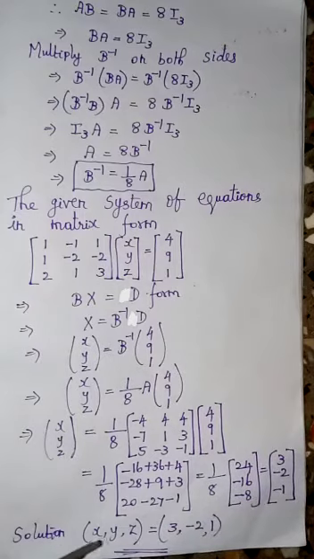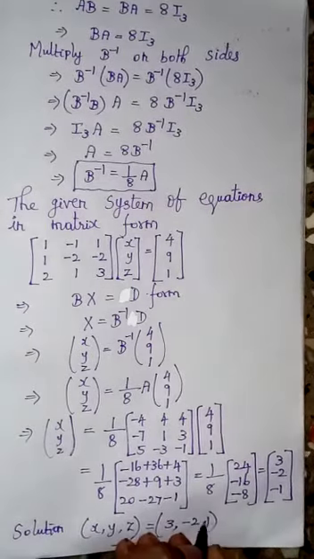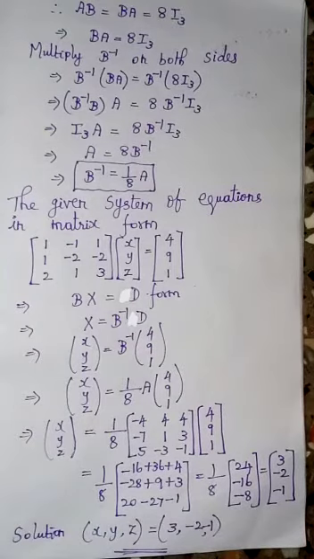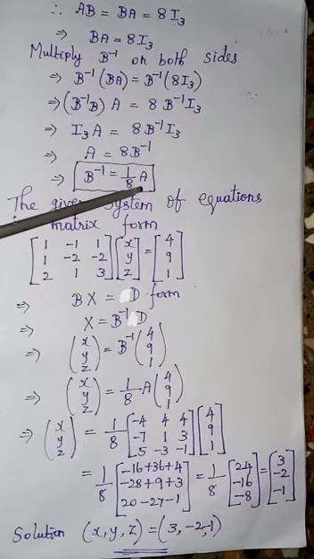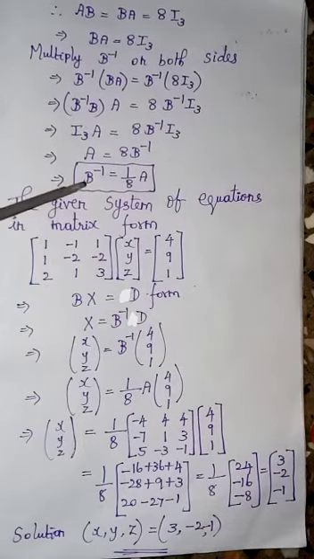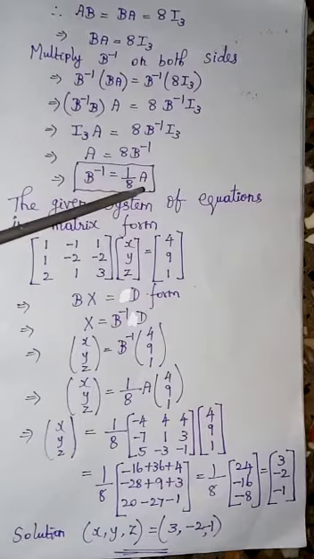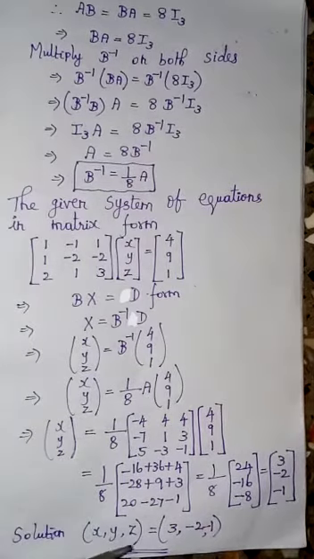So the solution is x y z equal to 3, -2, -1. So in this problem, we need not find the value of B inverse, because B inverse is nothing but 1 by 8 into A. So replace B inverse by 1 by 8 into A, we get the values x, y, z equal to 3, -2 and -1.